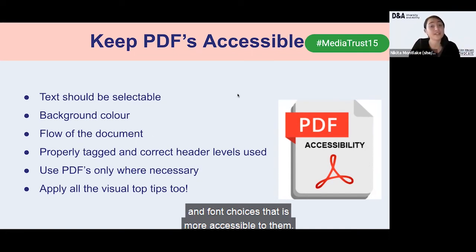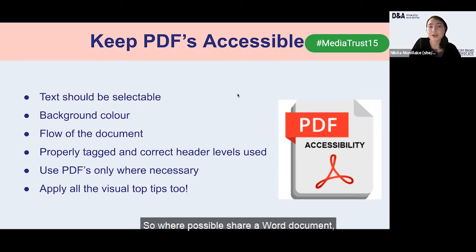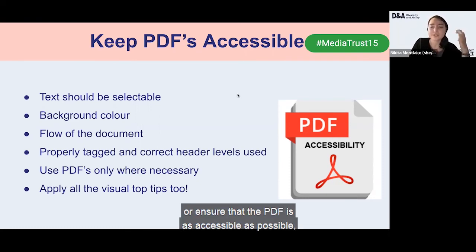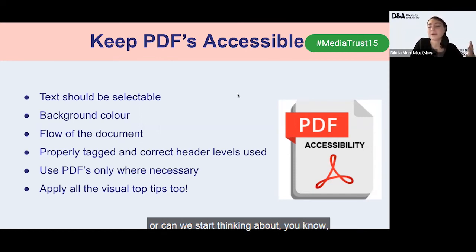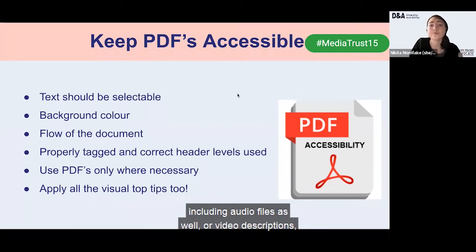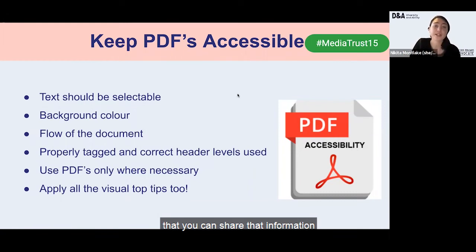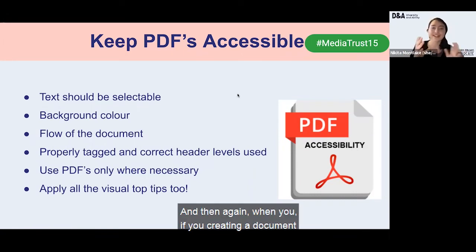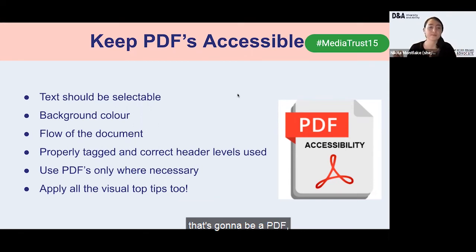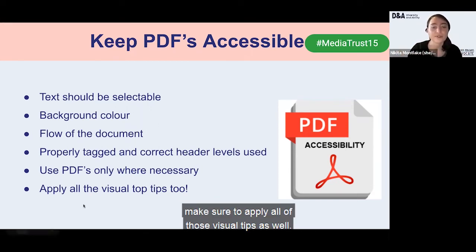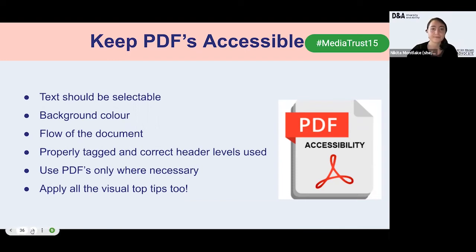So where possible, share a Word document or ensure that the PDF is as accessible as possible. Or can we start thinking about including audio files as well, or video descriptions, or more alternative ways that you can share that information that's not just in the PDF format. And then again, if you are creating a document that's going to be a PDF, make sure to apply all of those visual tips as well.